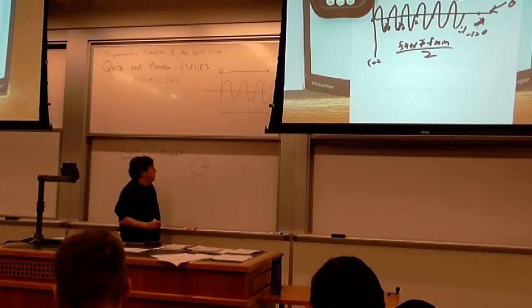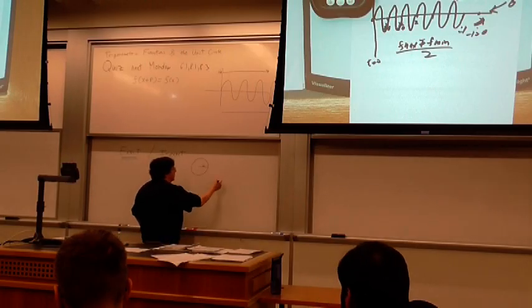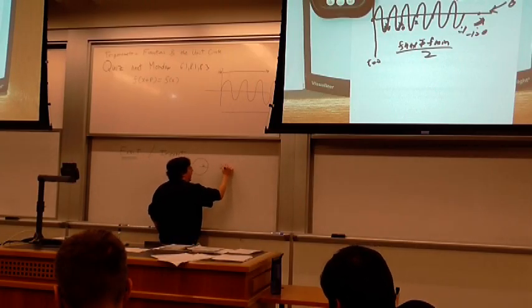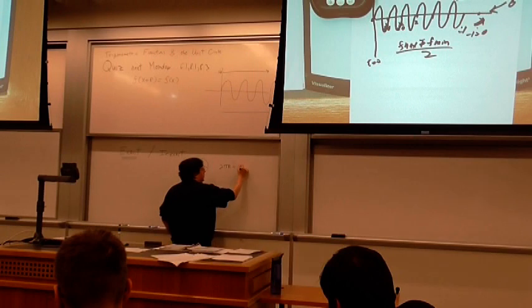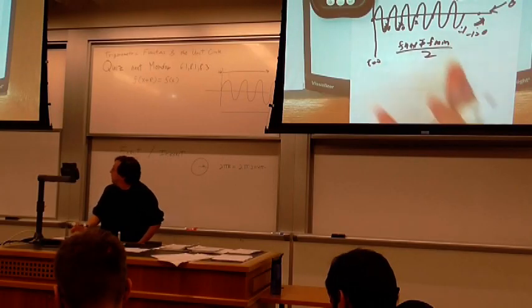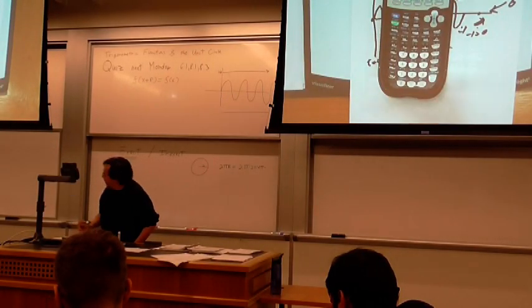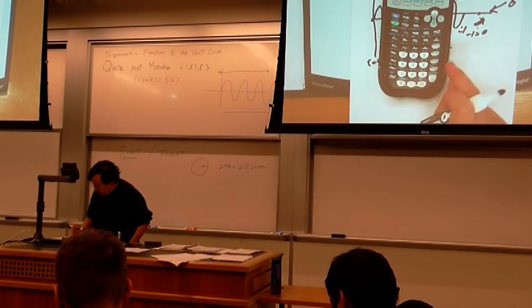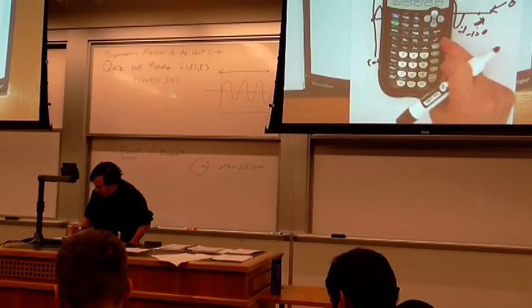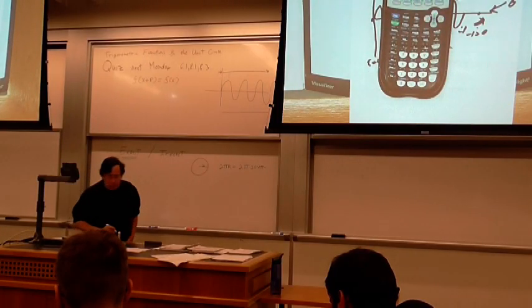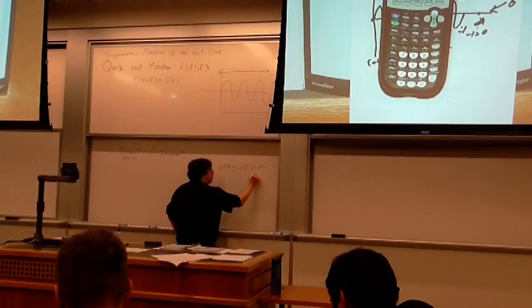All right. So some of you may be tempted to say, well, 2 pi r, that's 2 pi times 2, and then pull out your calculator and you go, okay, 4 pi is 12.6.